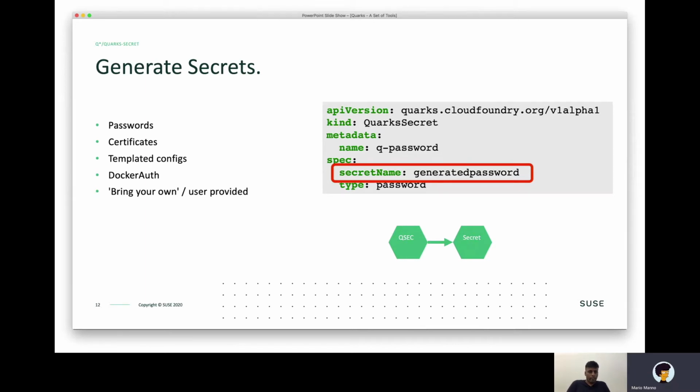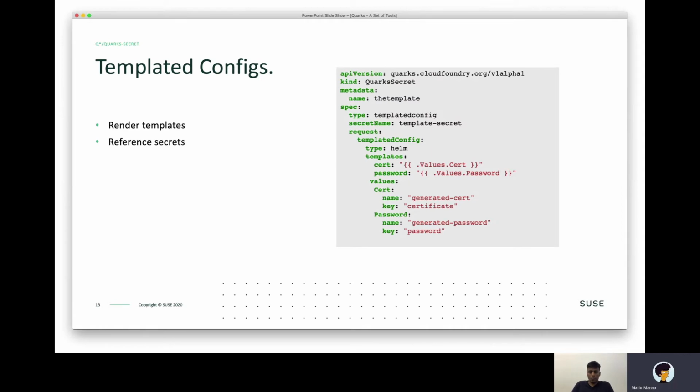This is templated config, one mechanism we came up with recently, which we hope can help in creating these proprietary application configs. And we basically take secrets as an input here and fill them into templates. And this will create a secret where each value is here, in this case, actually a Helm template.